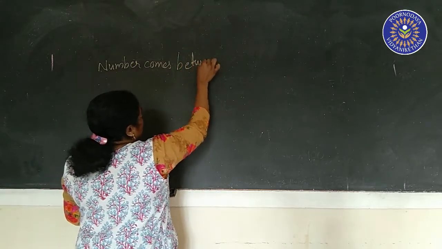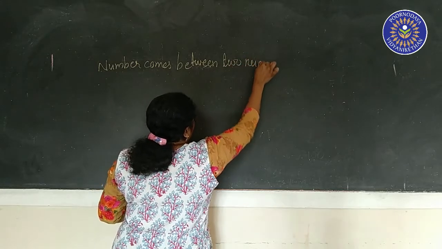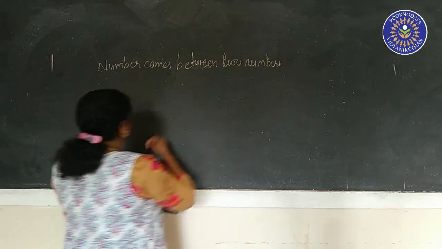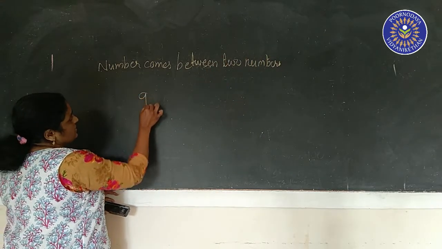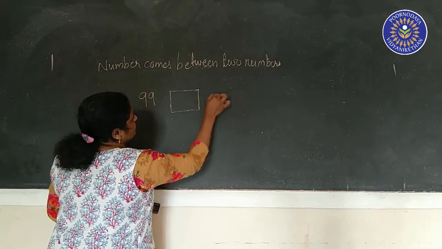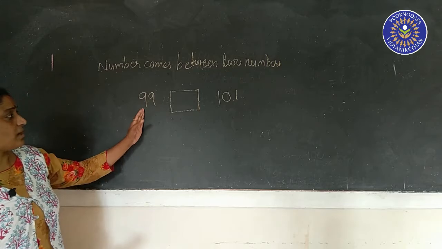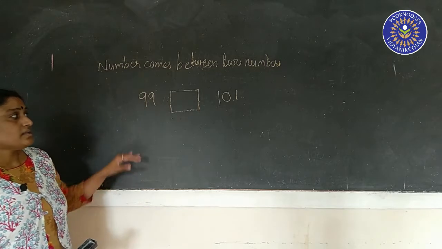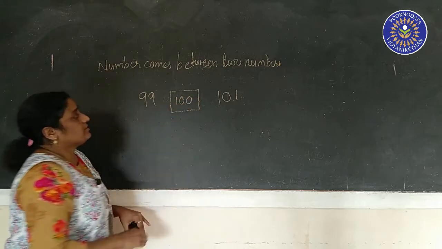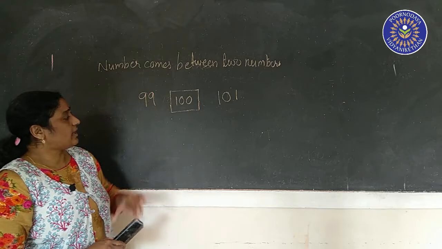The number that comes between two numbers. 99, 101. Which number will come after 99? 99 plus 1, that is 100. Then 101 minus 1 is also 100.